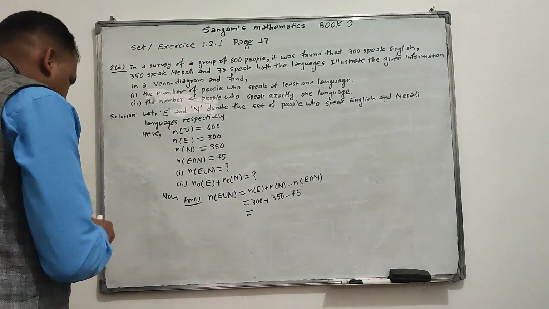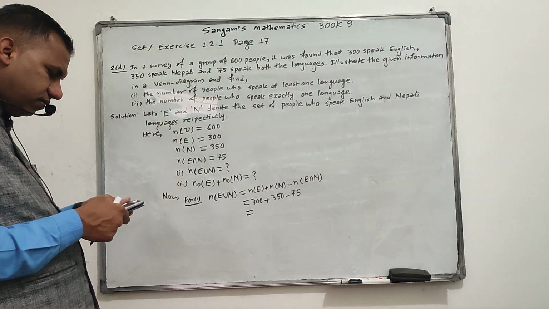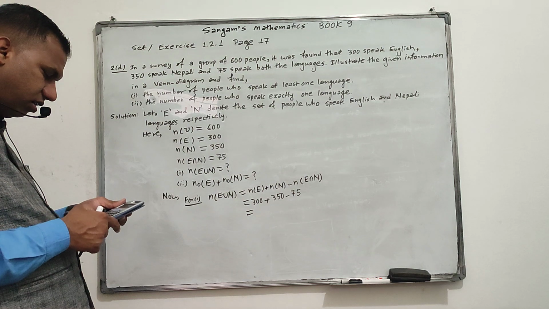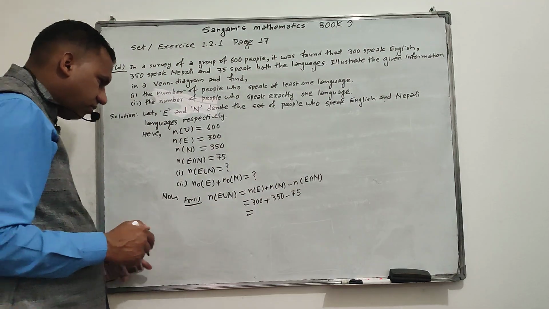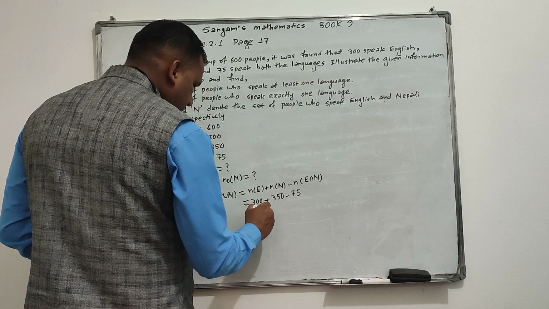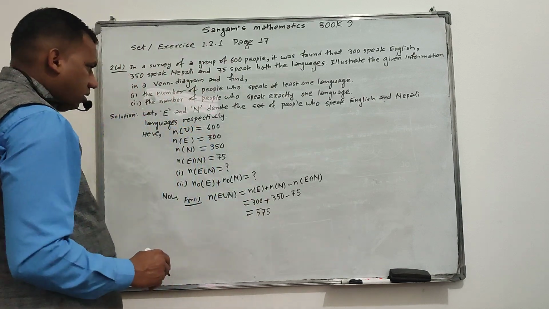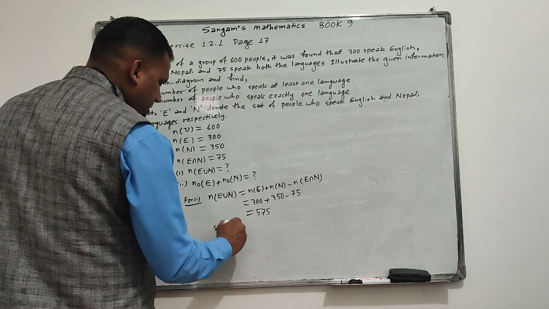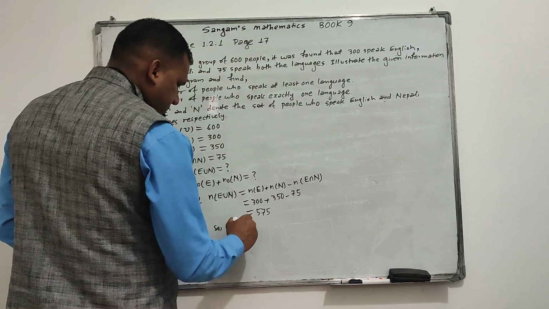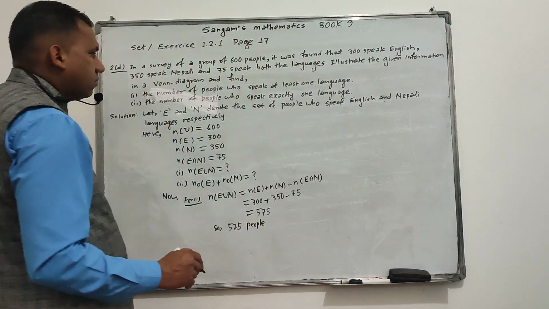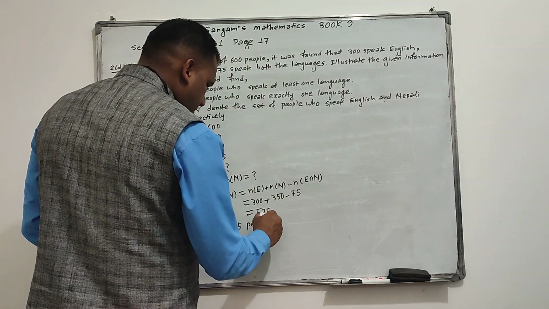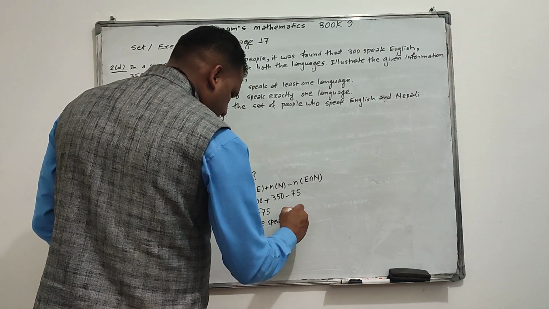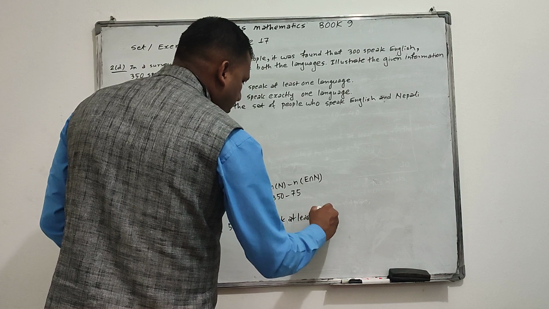Now calculate this using a calculator. 300 plus 350 minus 75, 575. So 575 people speak at least one language.